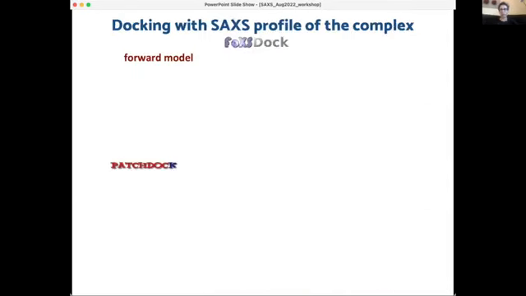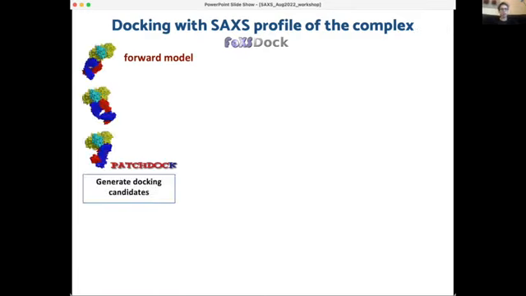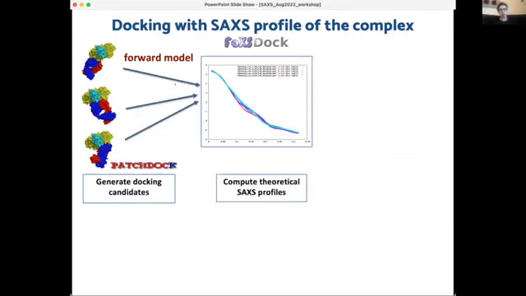And so that's where we developed an approach called FoxDock. What we do is generate multiple docking conformations with a tool called PatchDock, and we use FoXS to calculate theoretical profiles for all those docking conformations.